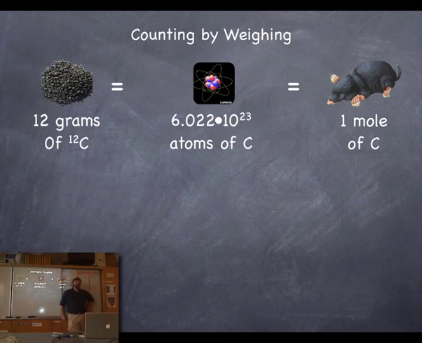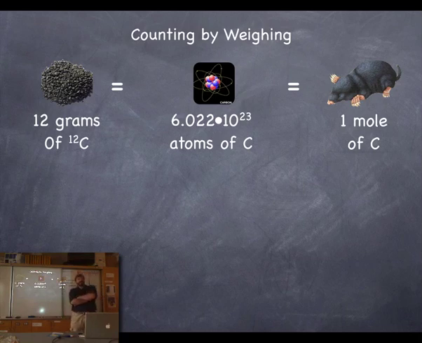I could have a mole of marbles, and a mole of marbles would be enough marbles to cover the earth one mile deep in marbles. It is an enormously large number: 6.022 times 10 to the 23rd. Avogadro's number, it is called, in honor of the guy who did a lot of the work on this, Amadeus Avogadro, an Italian chemist.